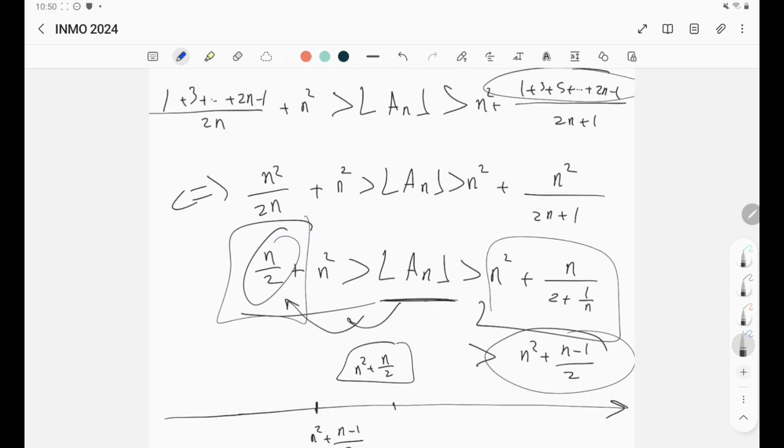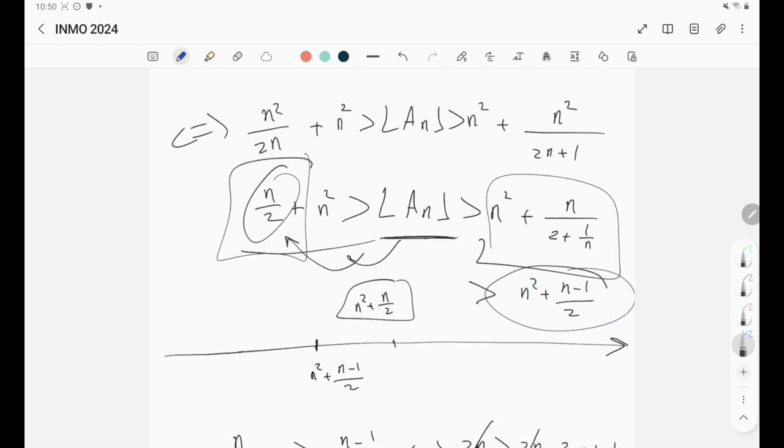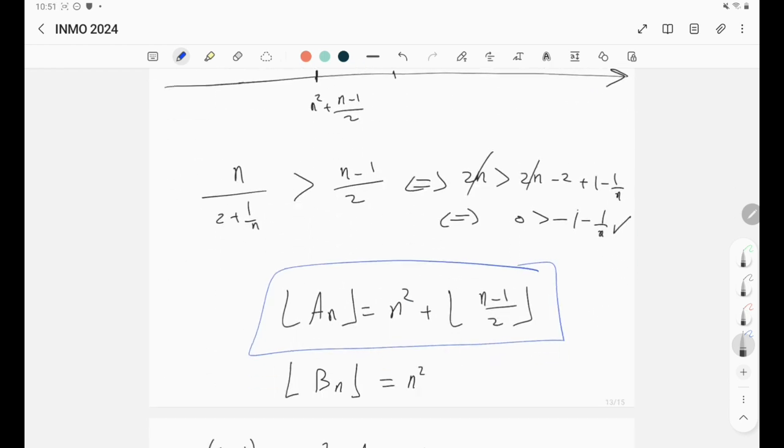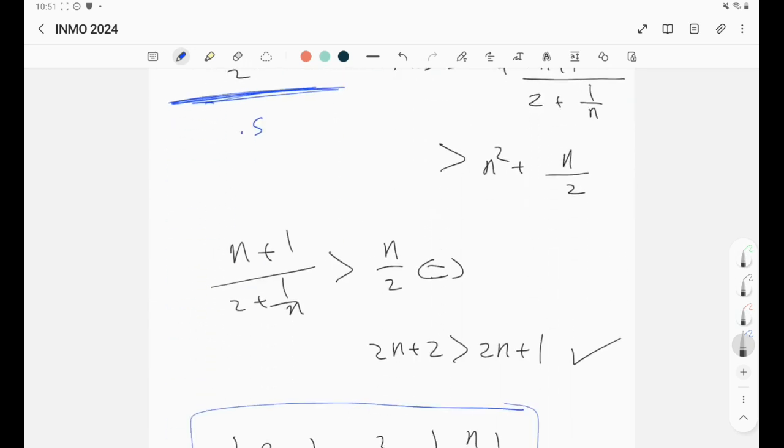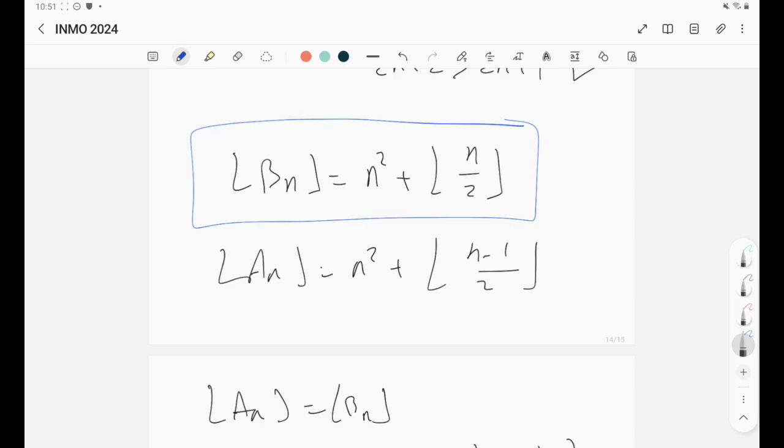We saw that this just gave us (n squared plus n) over 2. But this thing is really not that beautiful, so we made it (n minus 1) divided by 2. Now that gave us the floor immediately. We knew exactly what the floor is, and we followed the same pattern for Bn, and we were done. Yeah, so that's it.